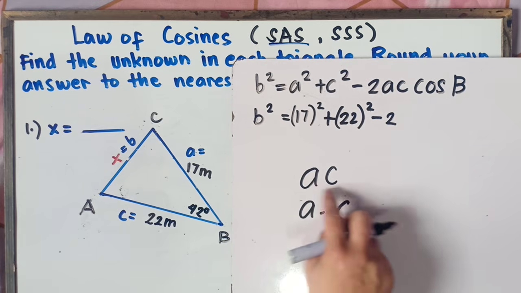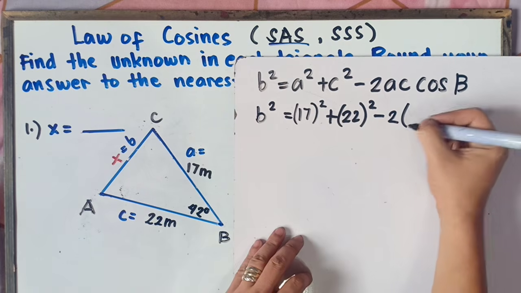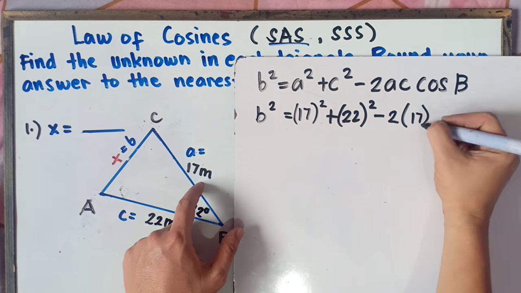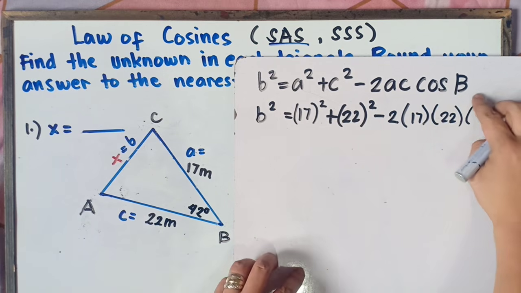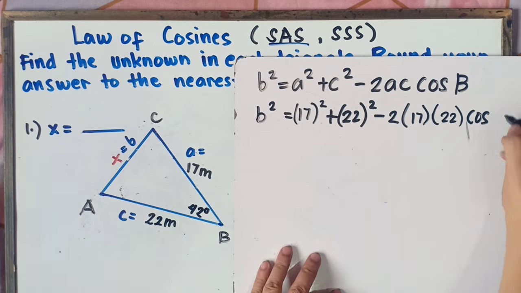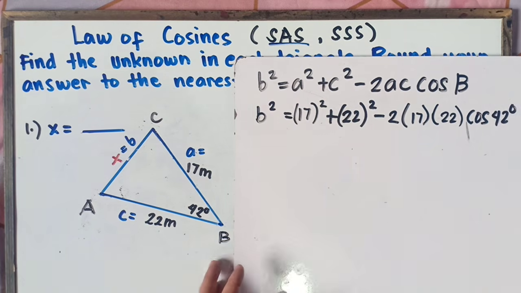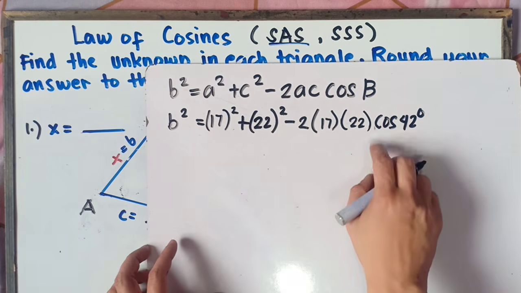So negative 2 times 17, times the value of c, that would be 22, and then cosine of the value of angle B, that would be 42 degrees. Let's do it step by step.